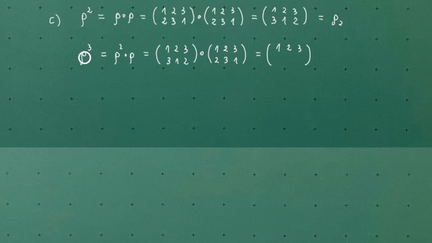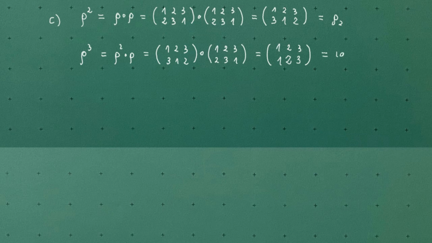So next, rho to the third power, which is defined as rho squared composed with rho. We do the same thing again. 1 goes to 2, 2 goes to 1, so 1 stays where it is. 2 goes to 3, 3 goes to 2. Oh, so 2 stays where it is, and 3 goes to 1, 1 goes to 3, 3 stays where it is.